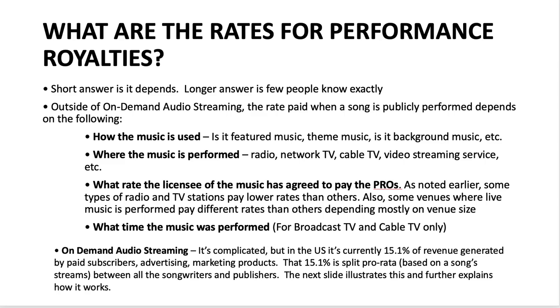So say you're Spotify, you have a base of subscribers, you have advertising revenue, maybe you sell some products to artists or labels to market on your site. That revenue gets put into a big pool, and then out of that, 15.1% is split between all the songwriters and publishers that have music on the site. And this next slide will illustrate that a bit further.